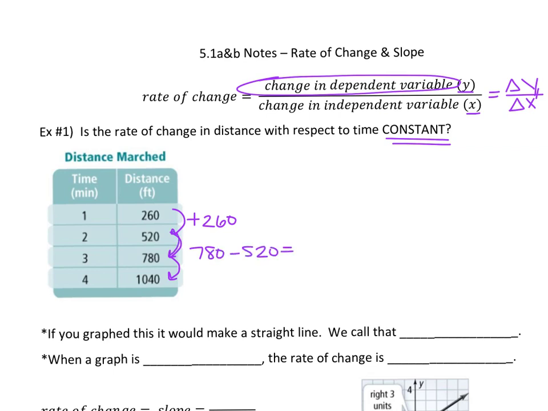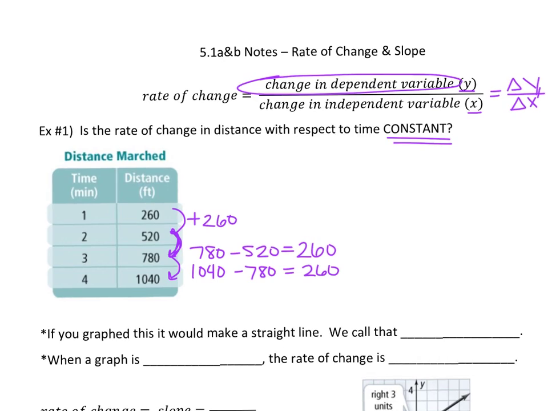So we're just subtracting the one before it to see how much we actually added to the number. 780 minus 520, you get 260. Then 1,040 minus 780. So we're just checking what's the change between these two. You get 260.